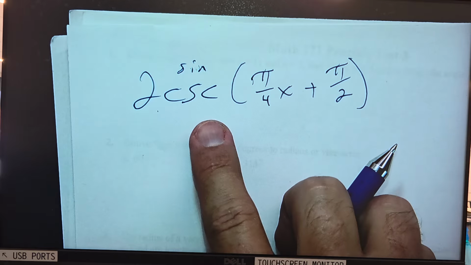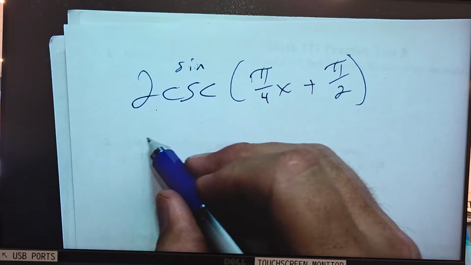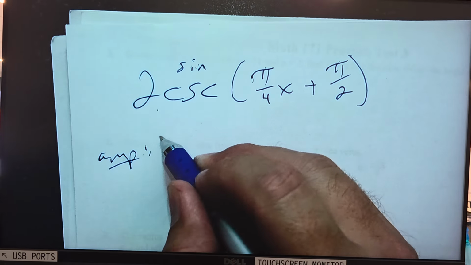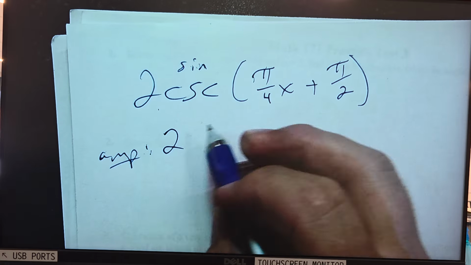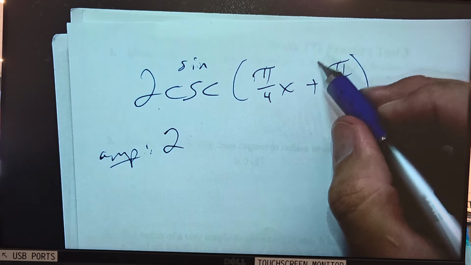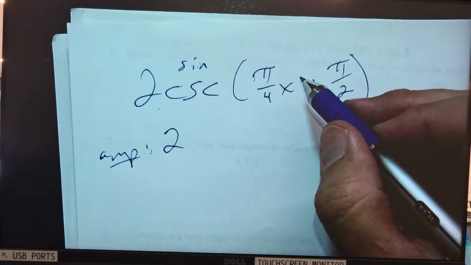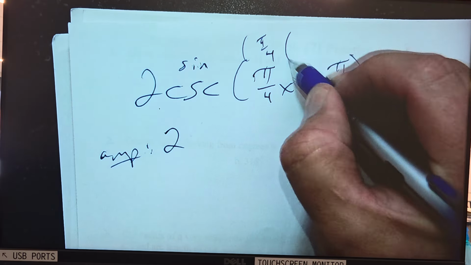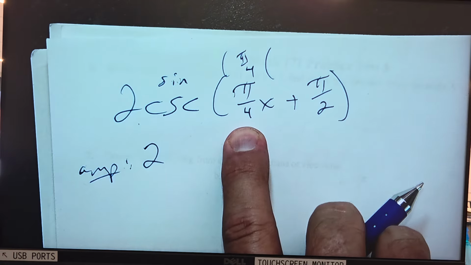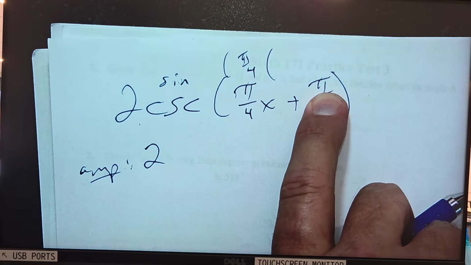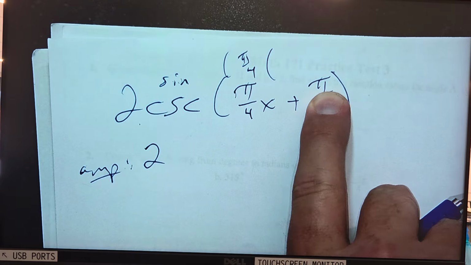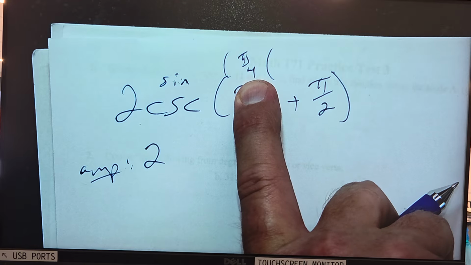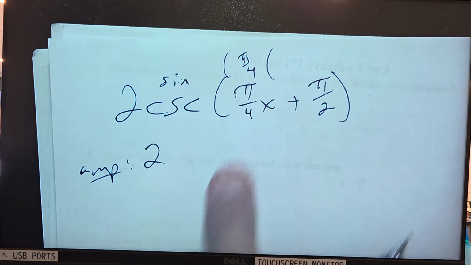So let's see. If I pretend that's sine, my amplitude will be 2. How do I get my phase shift? So how do I factor this thing? I have to take pi over 4 out. If I take a pi out, that'll be a 1 up top, yes? If I divide by 1/4, that's when I take something out, I divide it out.